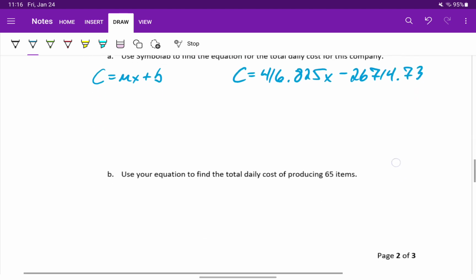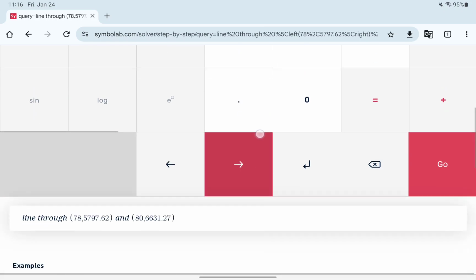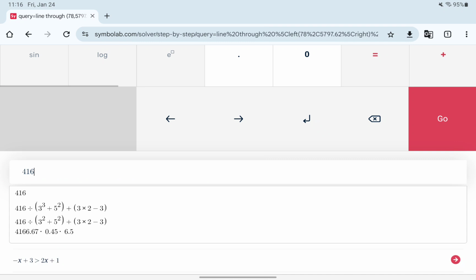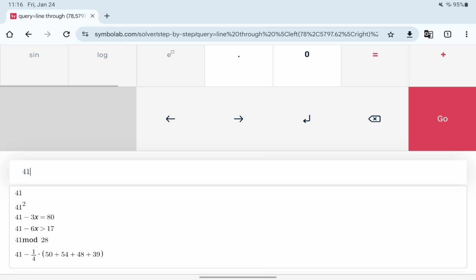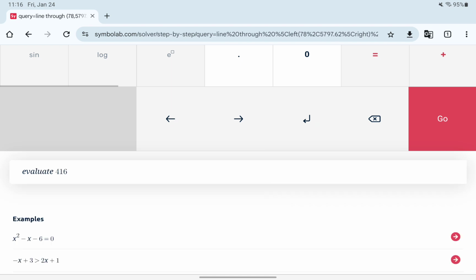And then in part B, we can use that cost equation again to find the total daily cost of producing 65 items. To do that, we'll again enter the expression that we just came up with in part A. First, we want to make sure we say evaluate. 416.825x minus 26,714.73 for x is equal to 65.